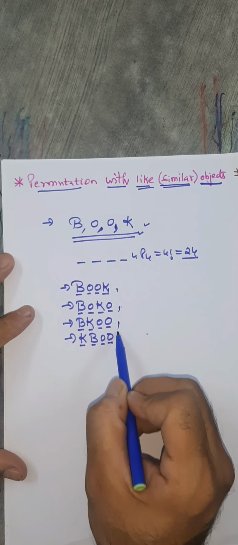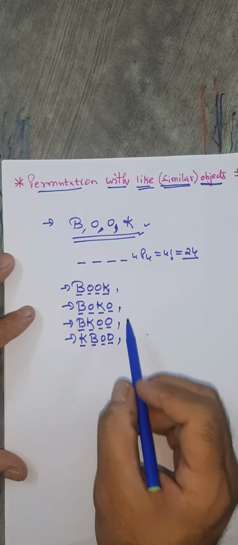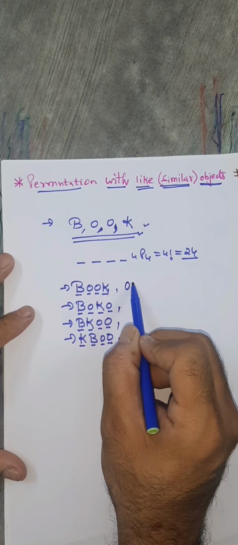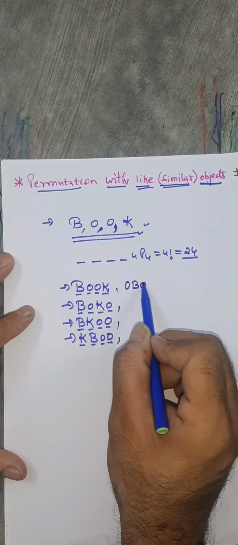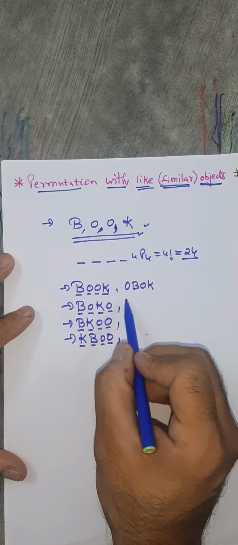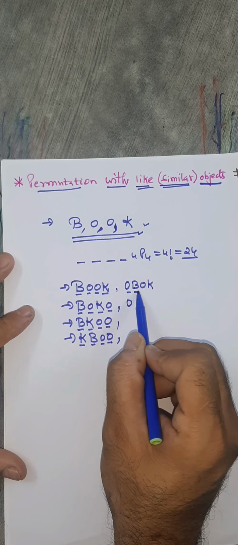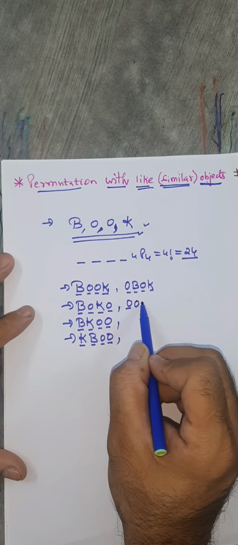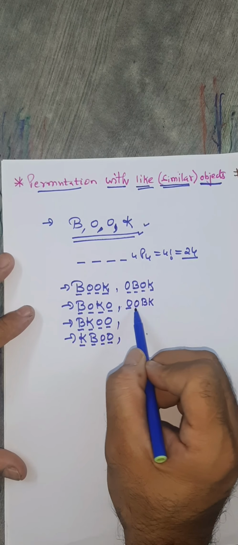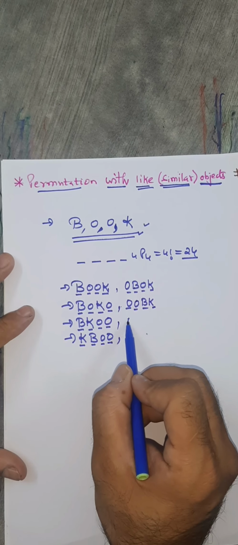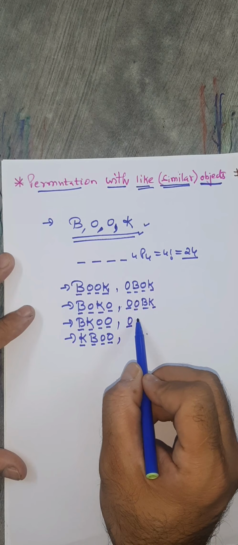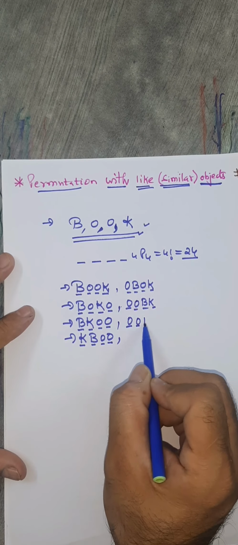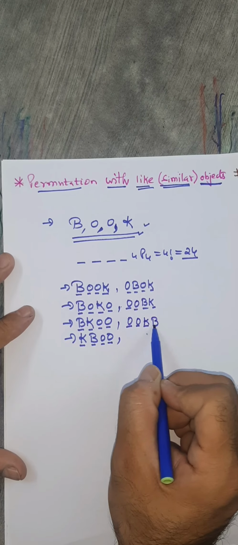Let me continue. Suppose now I take first letter O, then I'll write B, then O, and then K. Then I keep O first again, then O here, then B, and then K here. Then I'll keep O here, again O here, then K here and B here.